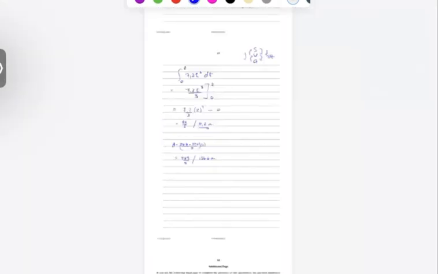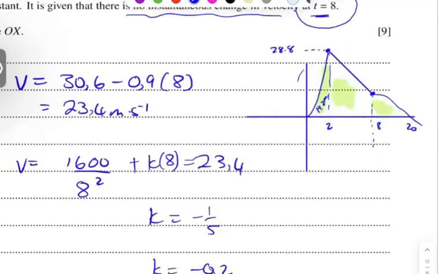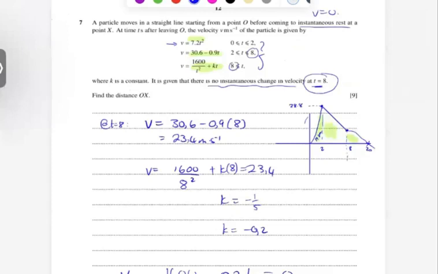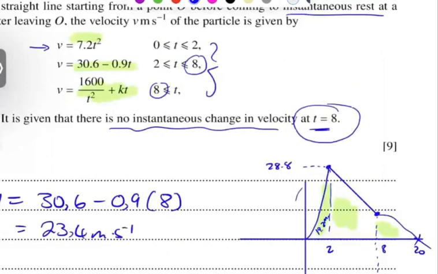Then our last bit: I know now that it comes to rest at 20, so I'm going to be integrating between 8 and 20. I've got to integrate this line, so I'm just going to set it up here, going between 8 and 20.